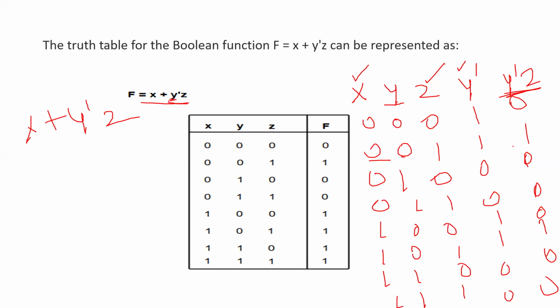So now check: 0 and 1 gives 1; first 0, next 1. Then this one and this one are 0, and this one 0, 0, 0. Here 1 and 0 gives 1. Next 1, 1, 1. So this is the output.